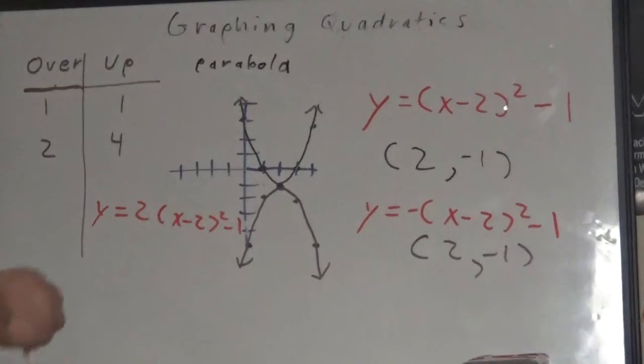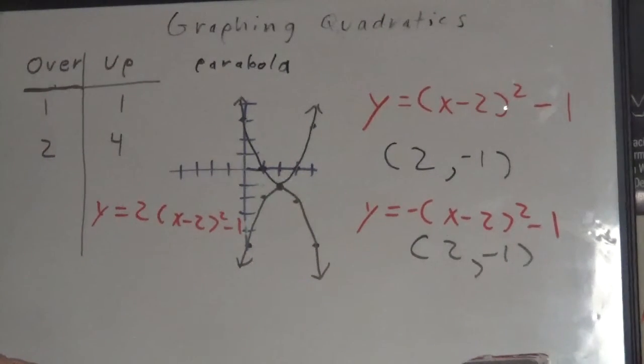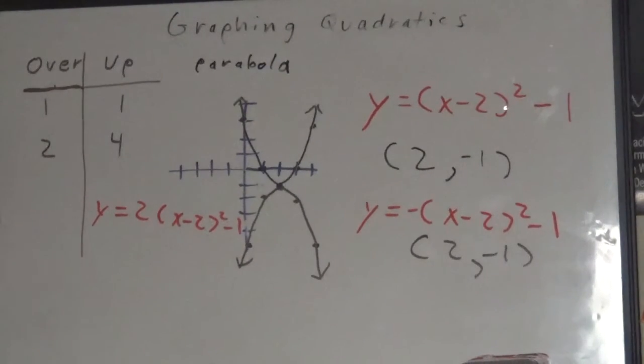So if we put a 2 on the side, in front of the parentheses, then that's what we're distributing. We're distributing the 2 before we square it. And what it's going to do is narrow the shape of the parabola.